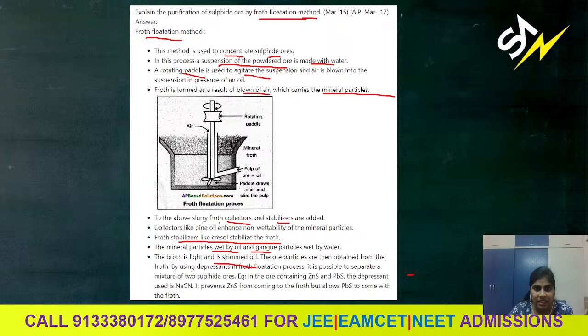The particles in this froth will be skimmed off. For example, if the ore contains zinc sulfide and lead sulfide, we use sodium cyanide. It prevents zinc sulfide from coming to the froth but allows the lead sulfide to come with the froth. Finally, we can separate this lead sulfide from the mixture. In this way, froth flotation is used.